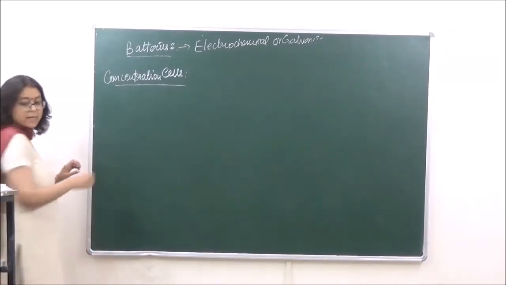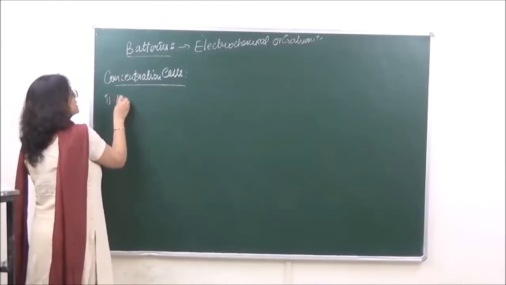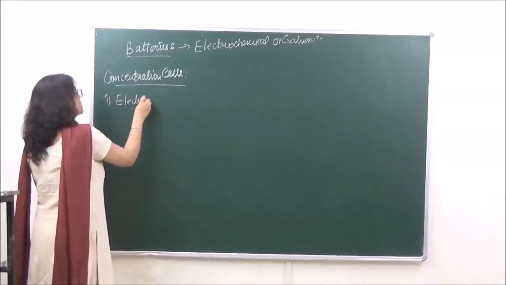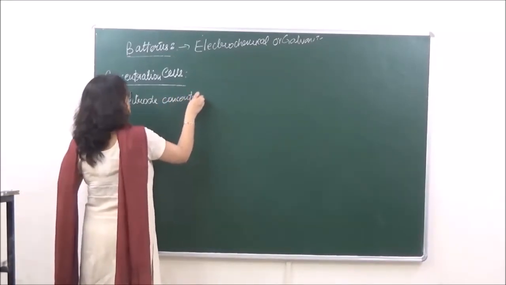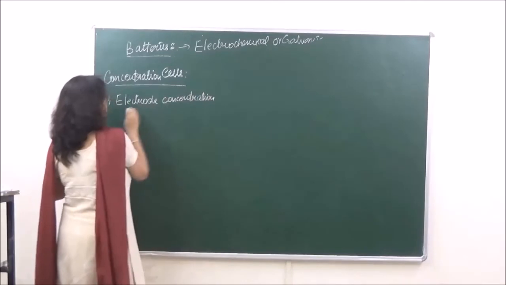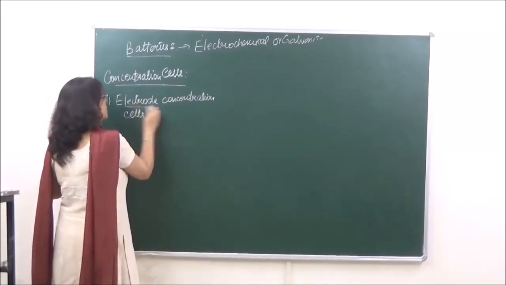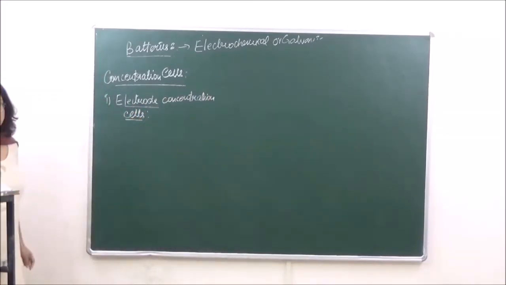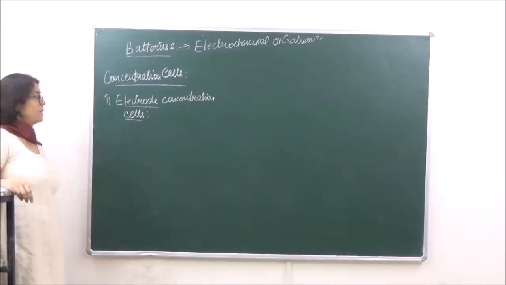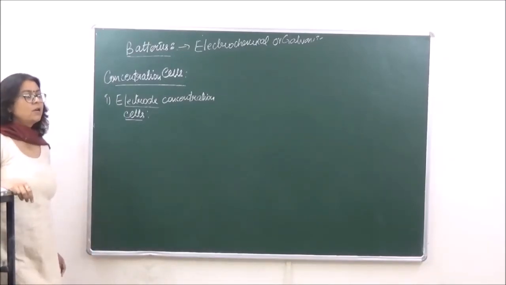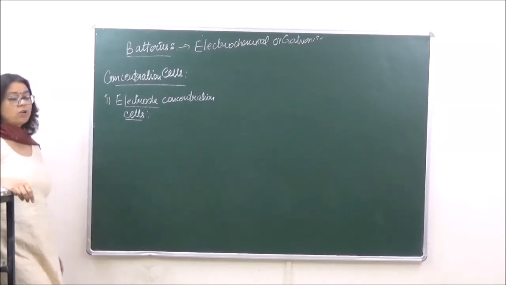The first one is electrode concentration cells. In case of electrode concentration cells, there is a net potential difference which is generated between the two electrodes at different concentrations, right? So a potential difference is going to be generated or developed at two different concentrations.